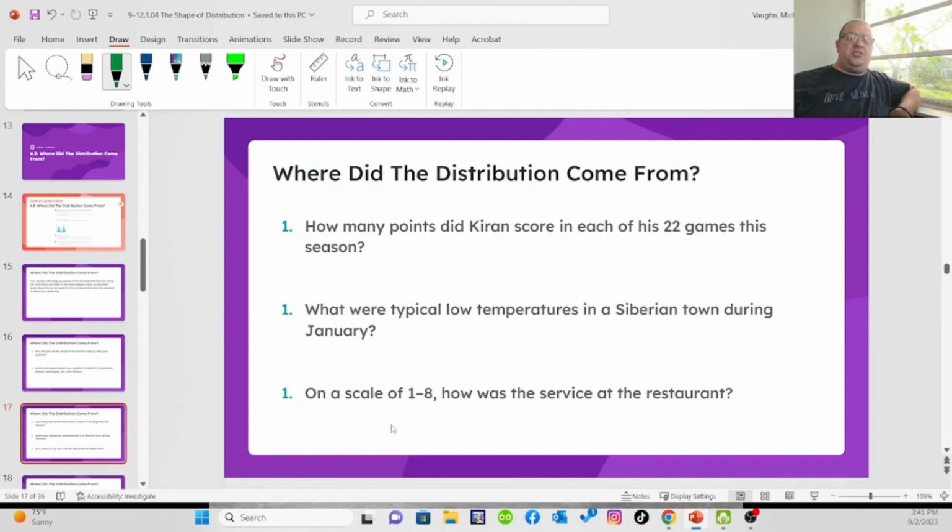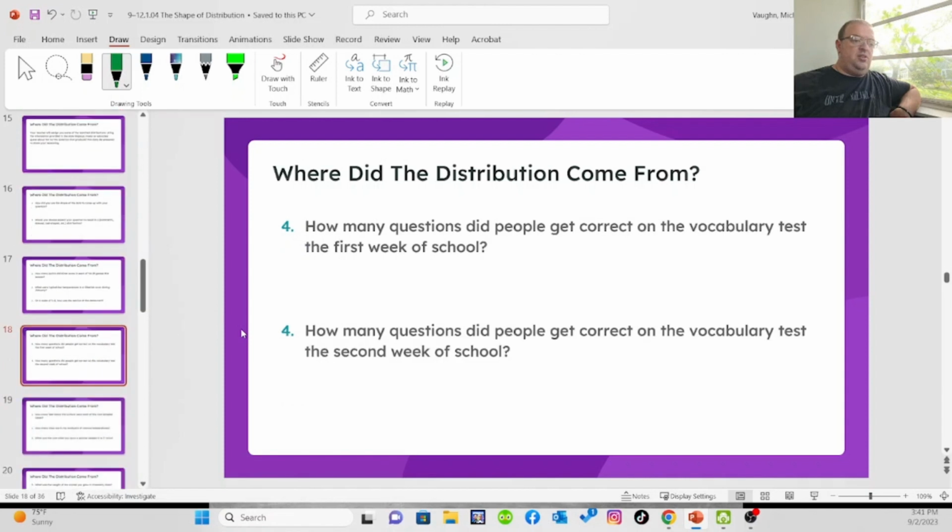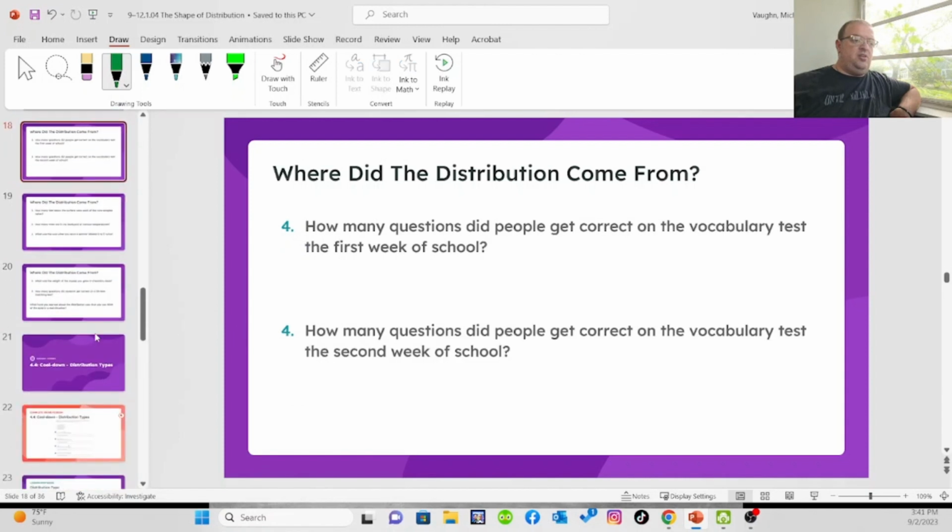Third question, on a scale of 1 to 8, how was the service at the restaurant? Which matching pair do you think answers that question? Question 4, how many questions did people get correct on the vocabulary test the first week of school?